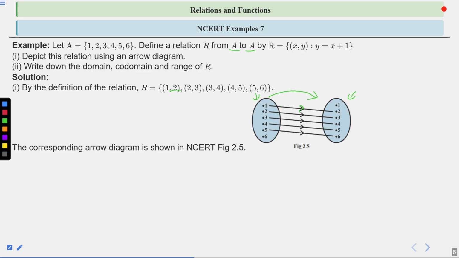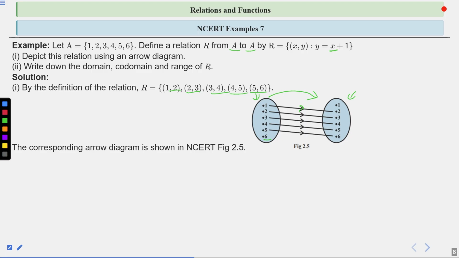Clear? Now 2 is associated with 3, meaning 2 is related with 3. So a small line segment originating from 2 terminating at 3. Now 3 with 4, 4 with 5, 5 with 6. Clear? So why is 6 not associated to any element? Quite simple: if you substitute 6 here, what will be your y? y will be 7.